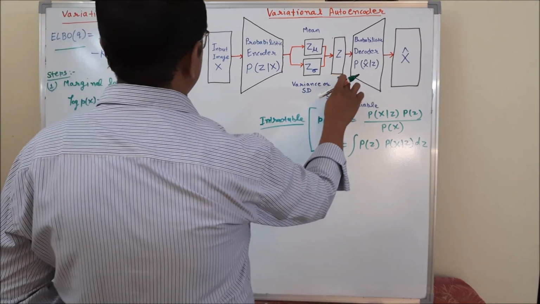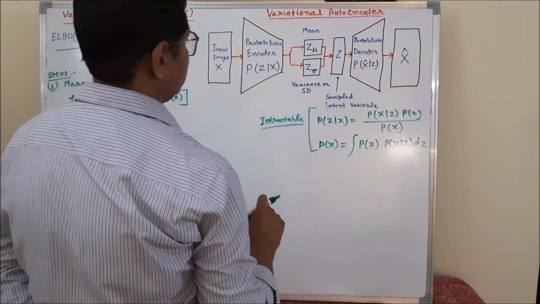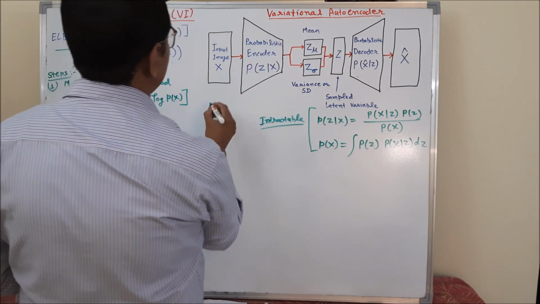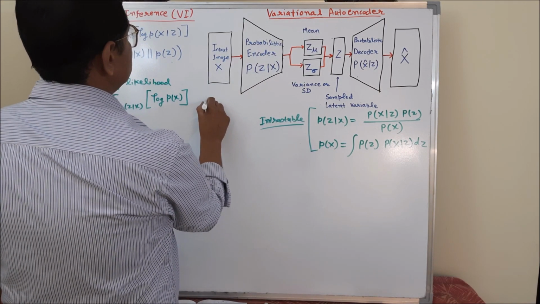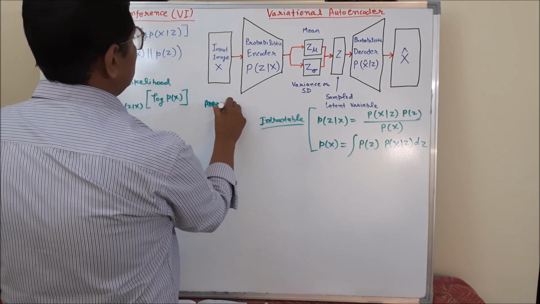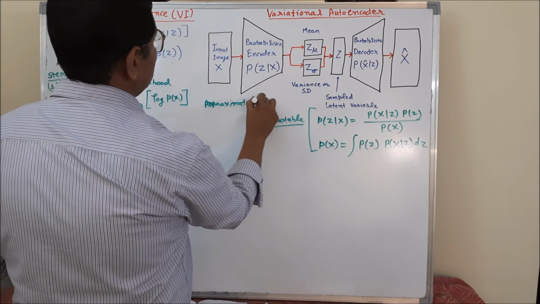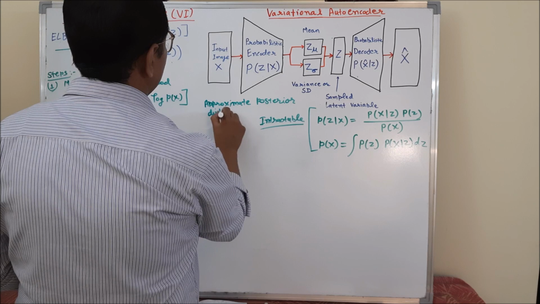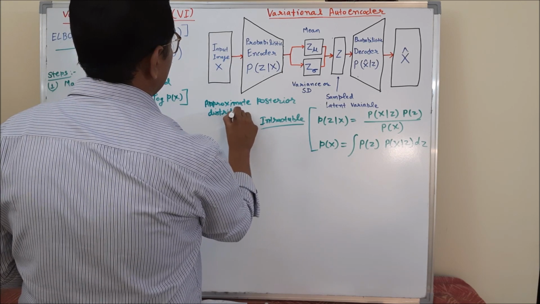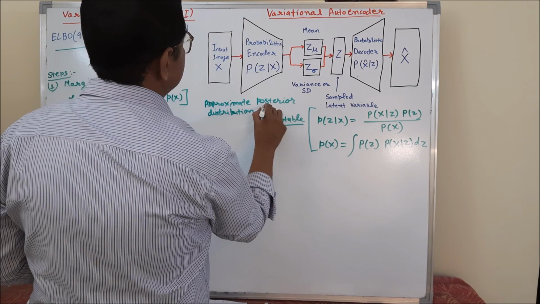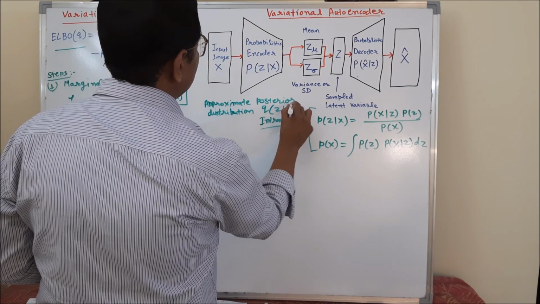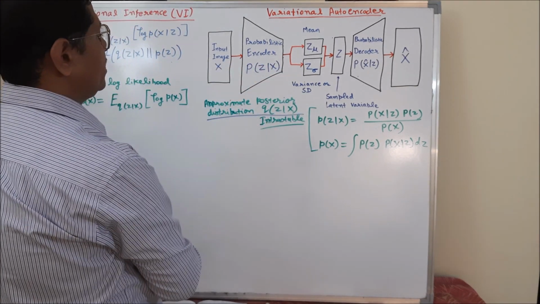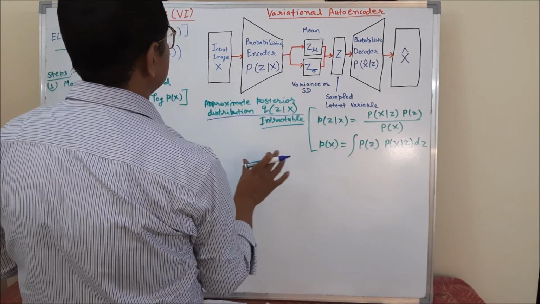So we need something called an approximate posterior distribution, which we represent as Q, and we replace the true posterior with it. But we cannot use just any approximate posterior.